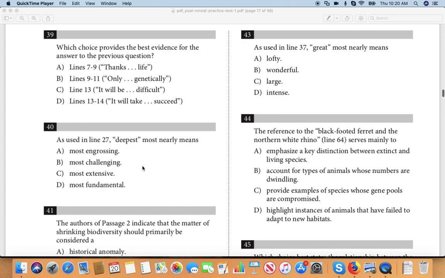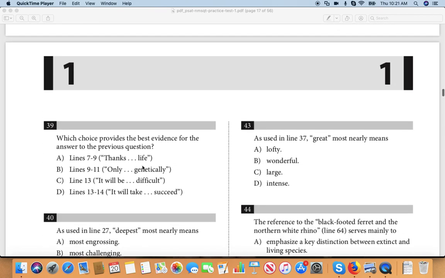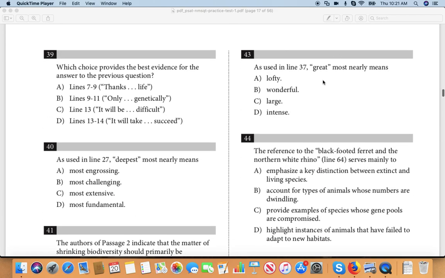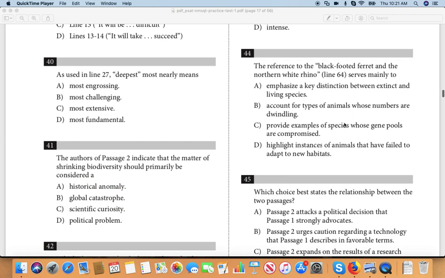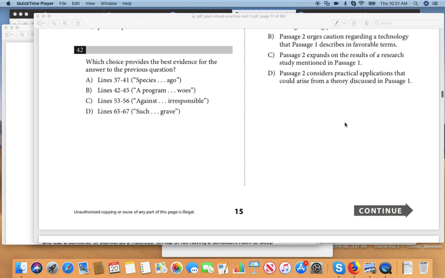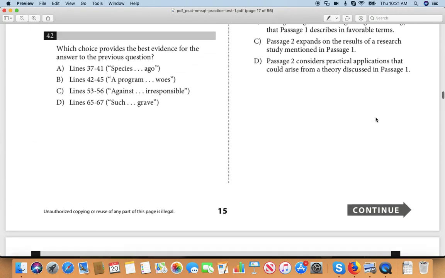So 3 questions about passage 1. Then they ask you questions 41 through 43, that's actually 4 questions about passage 2. Then they ask you a series of questions about the relationship between the passages. That's the next 3.